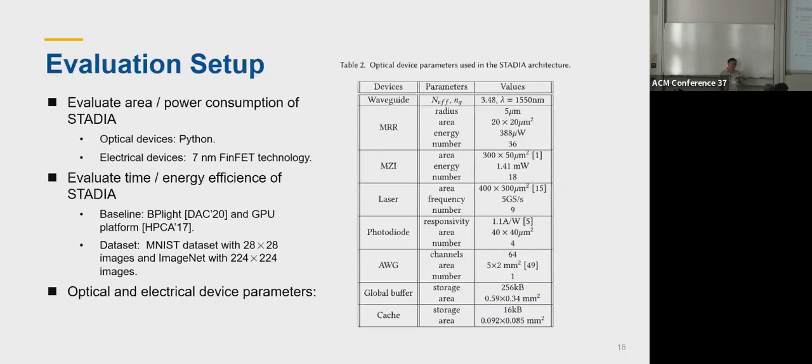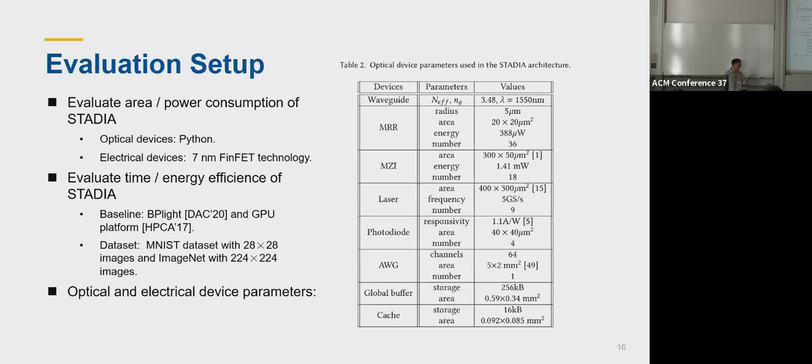To evaluate the time and energy efficiency of STADIUM, we simulate the time and energy consumption of the training in Python. The electric system in STADIUM is evaluated with 7 nanometer FinFET technology. We use electrical device and optical device metrics that can have flexible dimensions for the simulation and implementation of optical gradient descent.